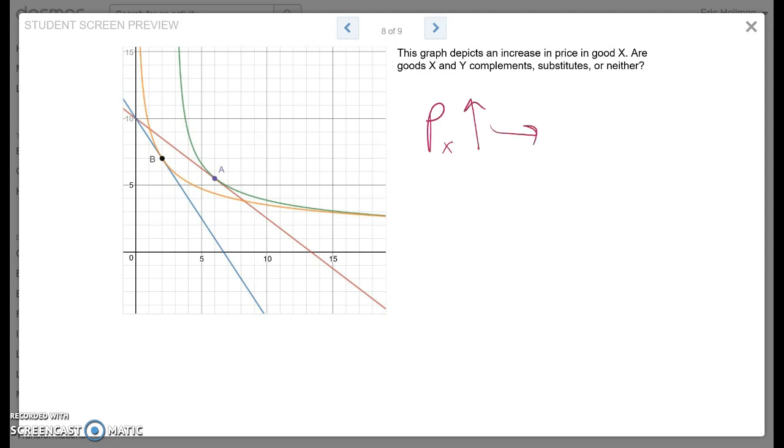That means we're going to consume less of good X. So we move here, and we end up consuming more of good Y. Point B is above where point A was. So that means these two goods are substitutes. When good X got more expensive, I was able to substitute some of good Y. This would be like butter got more expensive, so now I'm going to buy more margarine.